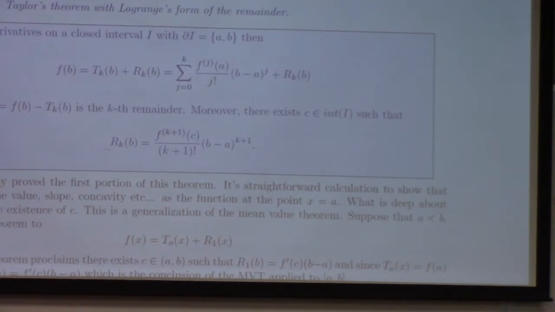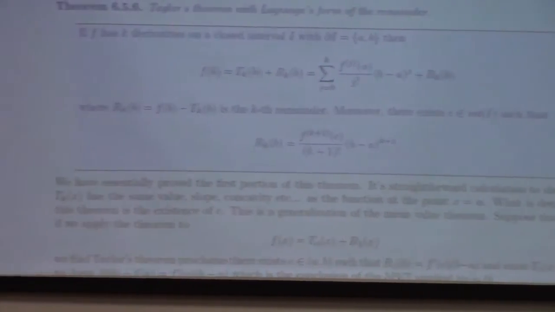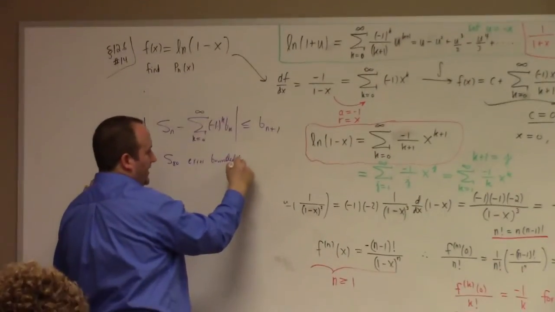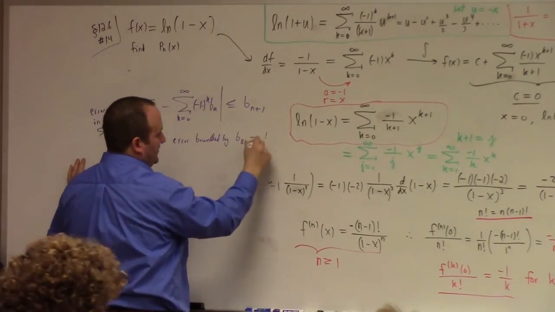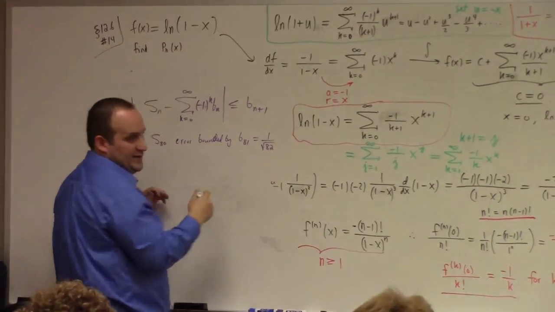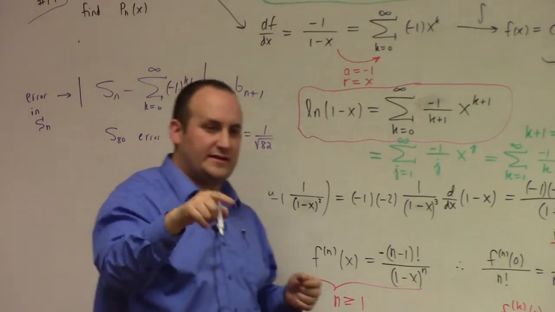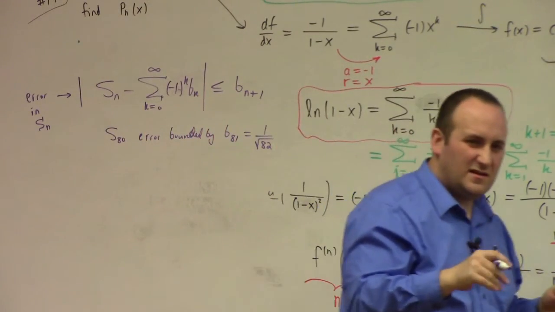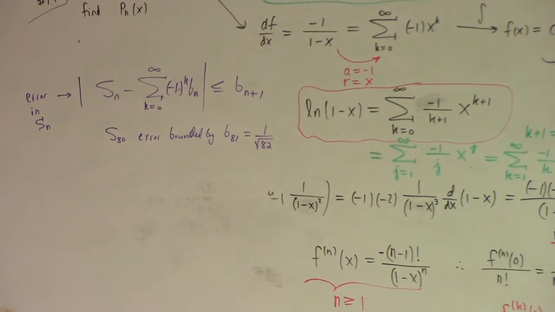That's the alternating series estimation theorem. And so you're asked for S80. You're asked to bound the error. So this is the error in S80, bounded by b81, which is 1 over the square root of 82. Which is why the answer key has about 0.11. Square root of 82 is about 9. So 1/9 is about 0.11. That's why the answer is what it is in the back of the book.